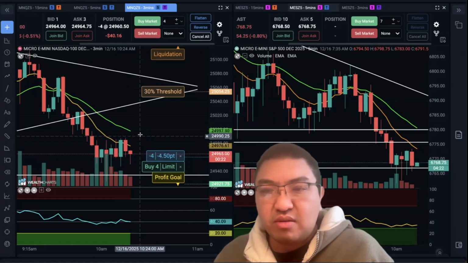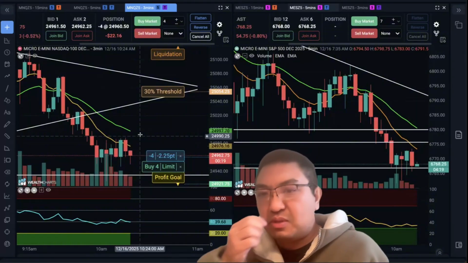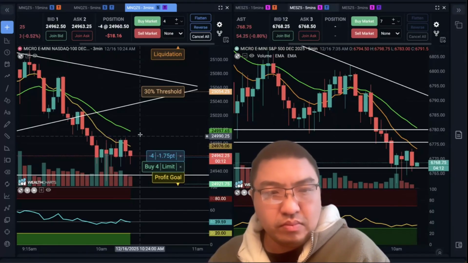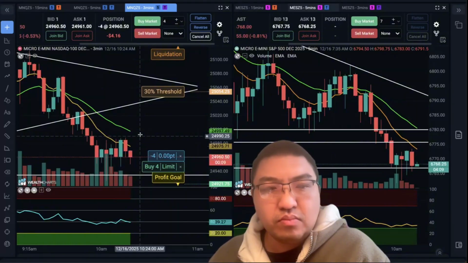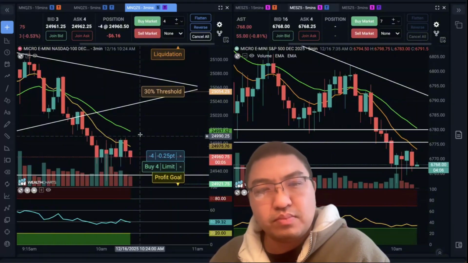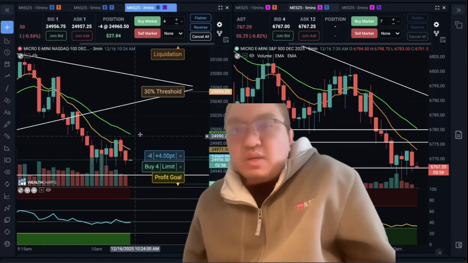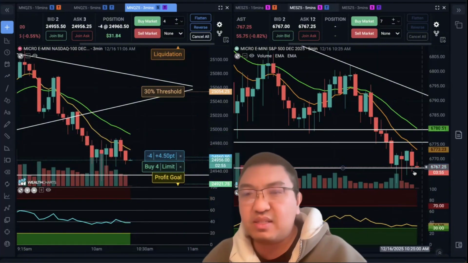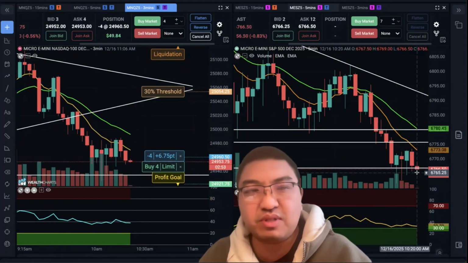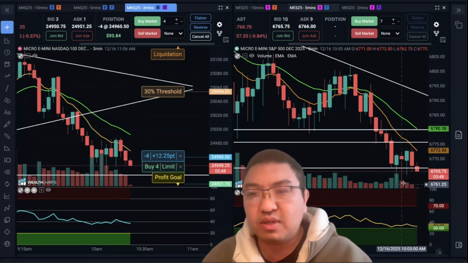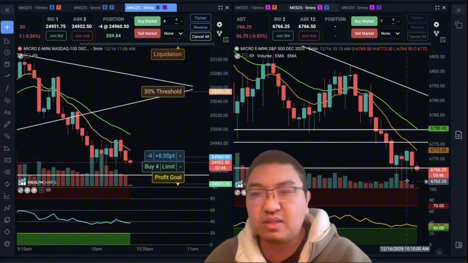This is a new candle. See if it fights back. If it continues to go down, that means the downtrend resumes. Let's see. Unless you break this trend line, I will not trust that the downtrend resumes. Still apply caution. But it looks like it broke this trend line. Okay, keep going then.